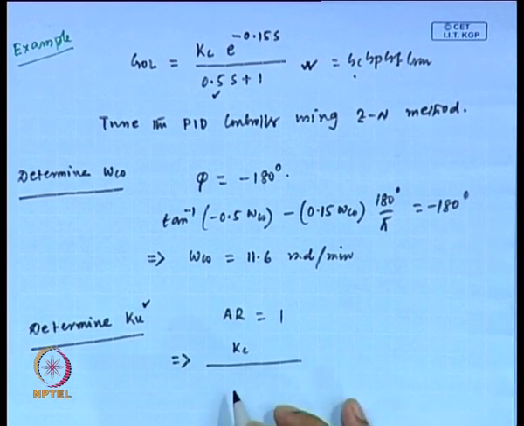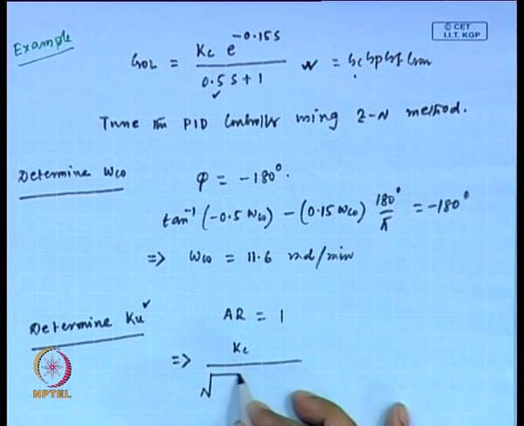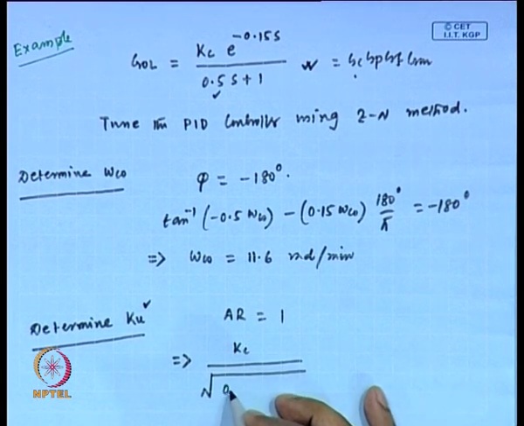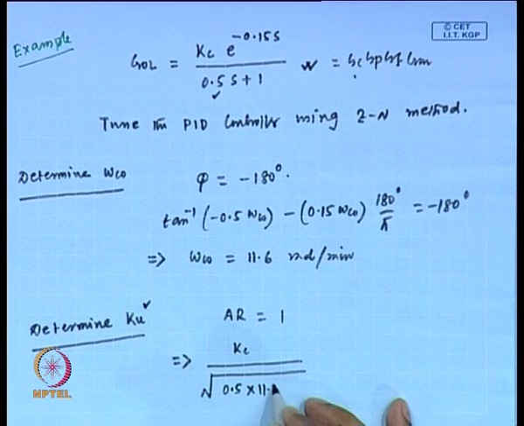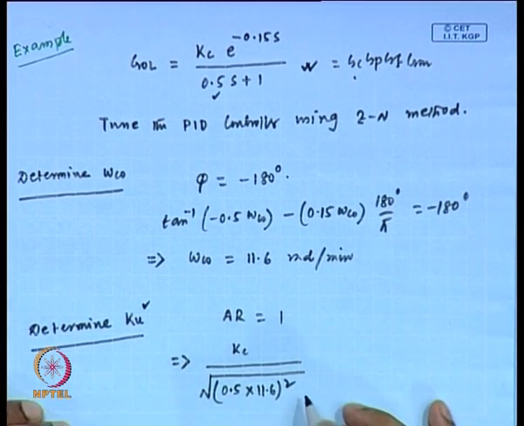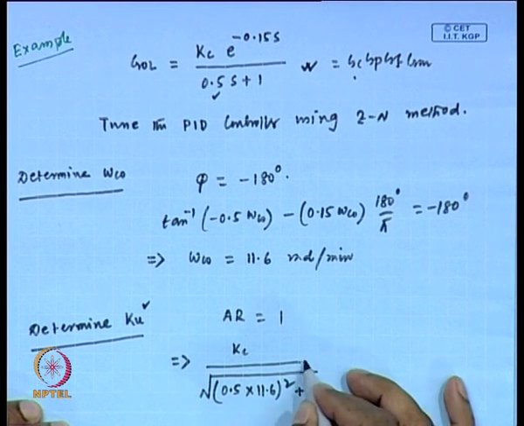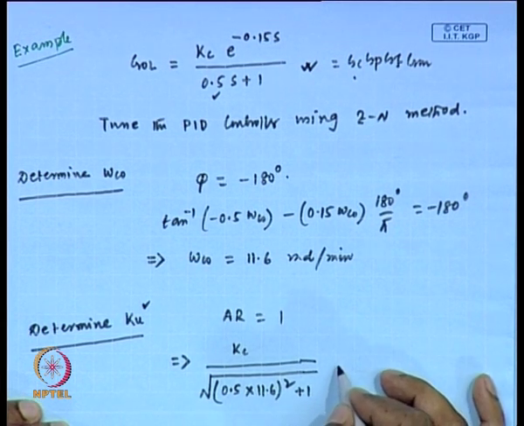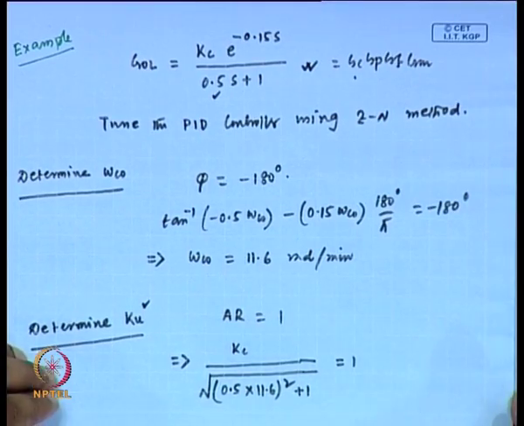Kc divided by square root of 0.5 multiplied by 11.6 whole square plus 1, equal to 1.